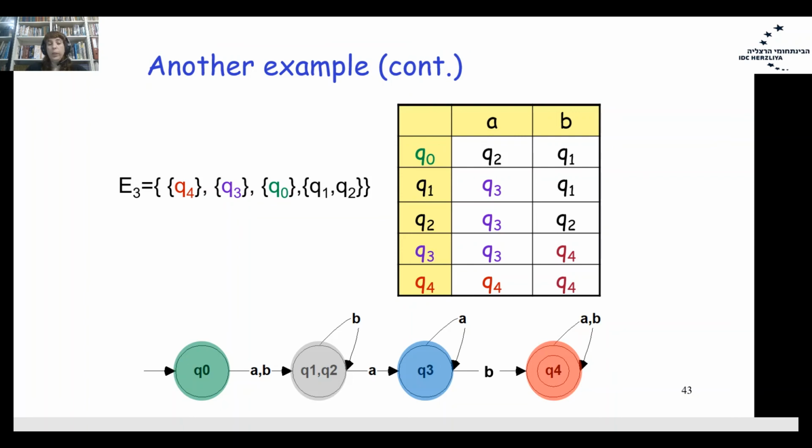Q0 will be the starting state of the new automaton. Q4 will be an accepting state. Q1 and Q2 will be drawn together. The transition function is written here, so we just have to move to the correct state. This automaton is a minimal automaton equivalent to the previous DFA that we had.